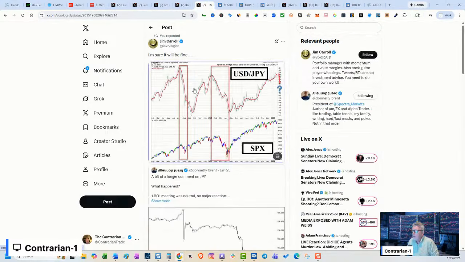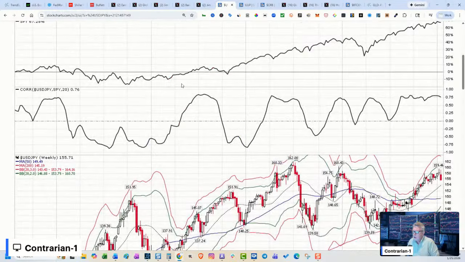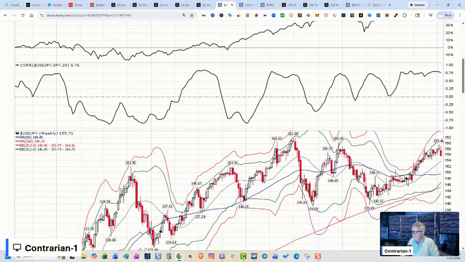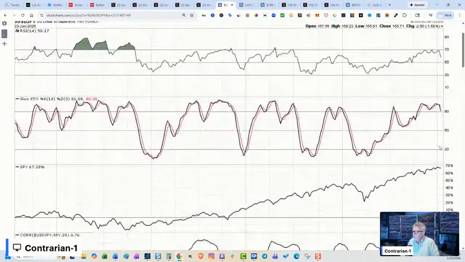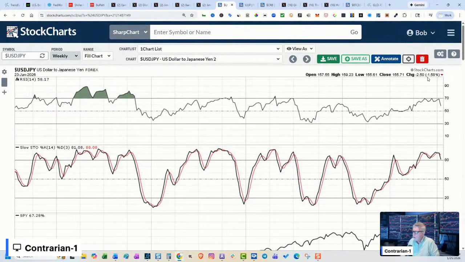So here's the US dollar, Japanese yen trade. These are highly correlated. So here, US dollar, Japanese yen, carry trade weekly chart. You saw a big move lower on this ratio chart last week, down 1.58%.